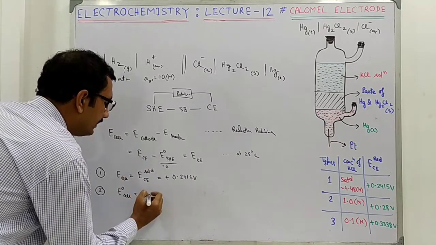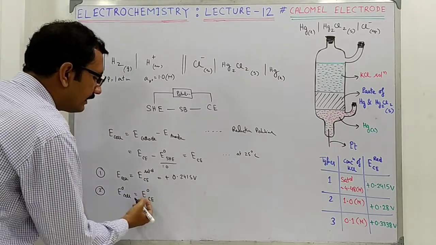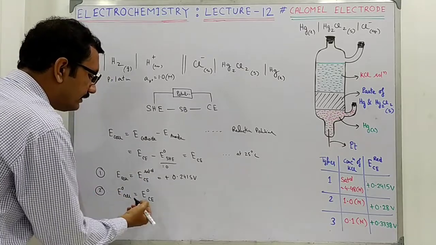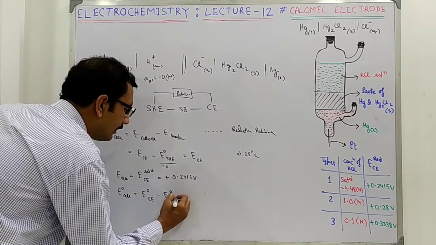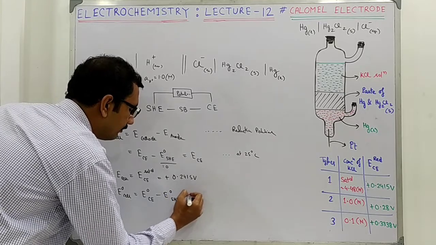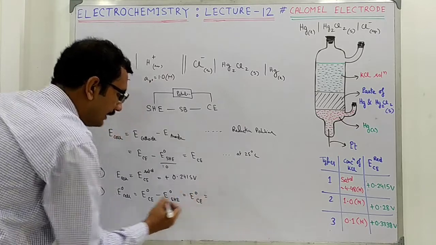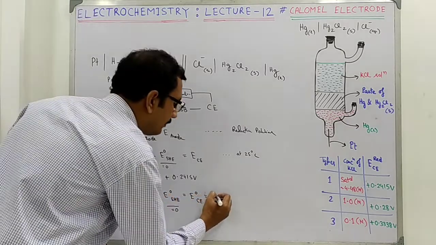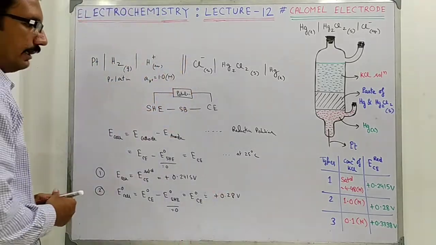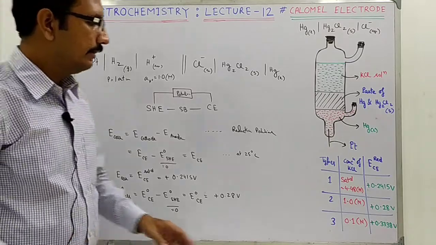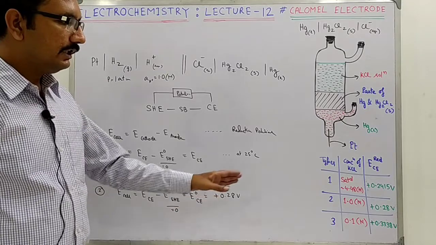Now, also it will be E0 CE, this is the standard calomel electrode, whereas the earlier one was the saturated calomel electrode, minus E0 SHE. Now, this one is 0. So, it is E0 CE, and the potentiometer reading is found to be plus 0.28 volt. And in a similar way, for the decinormal case, we are getting the reduction potential of the calomel electrode to be 0.3338 volt.